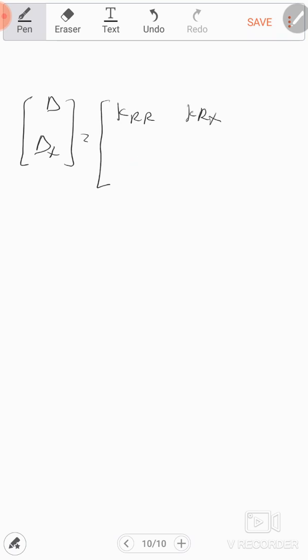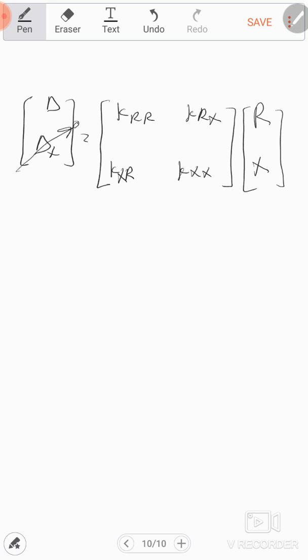Next, you should find the displacement. Displacement equals, from this rule, Krr, Krx, Kxr and Kxx times R, X. Here it will be 0 because the force is an assumed force, not a real force, so it equals 0.